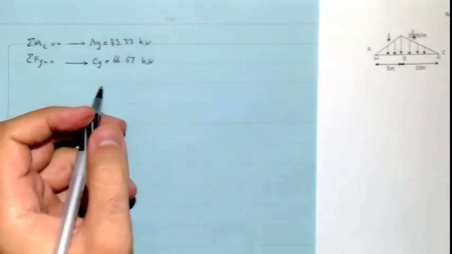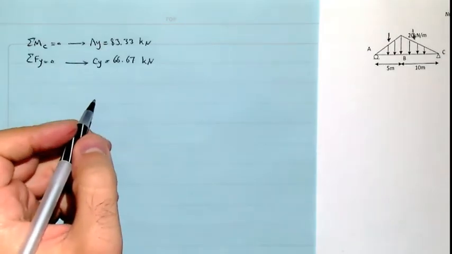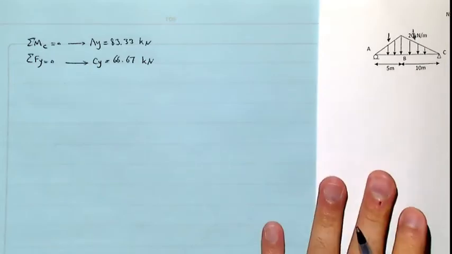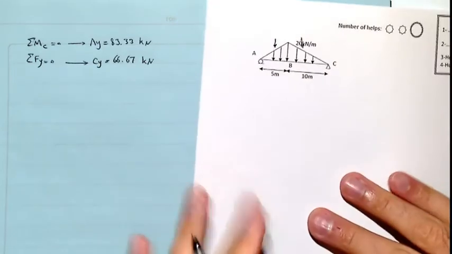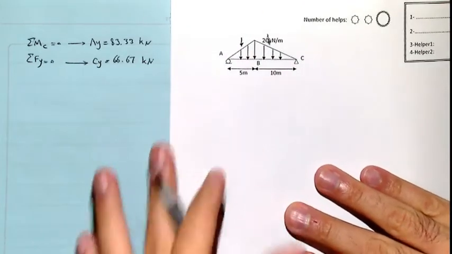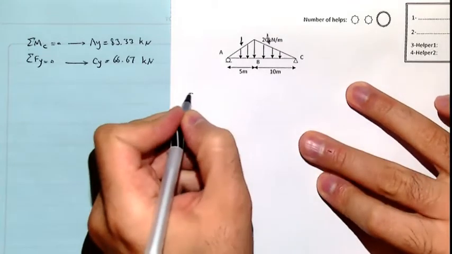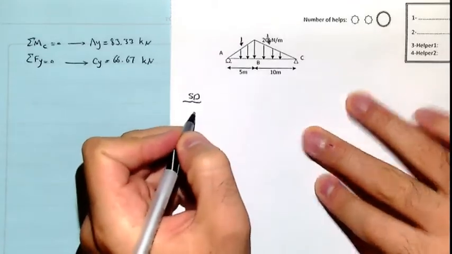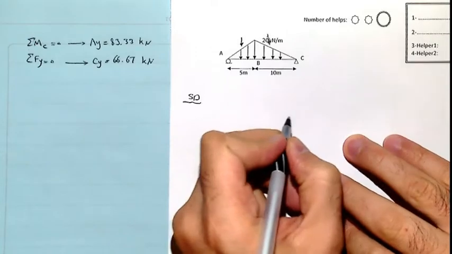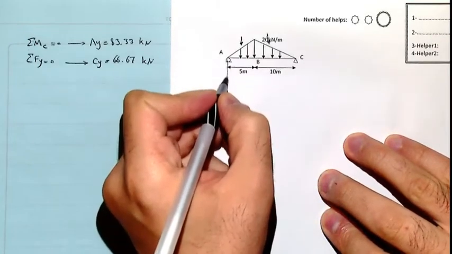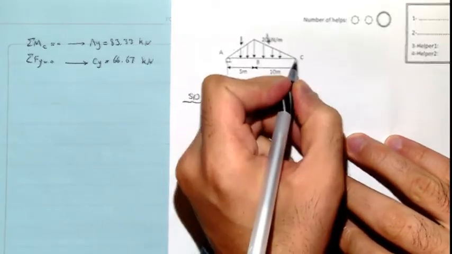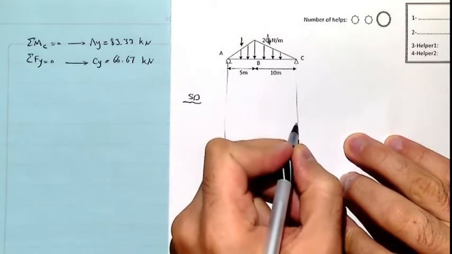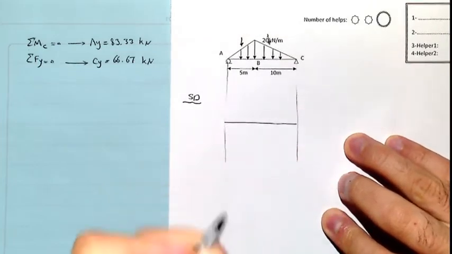It's very simple to do the procedure of drawing the shear diagram first. For the shear diagram, what we have to do is, at the same level as the locations of A and C, draw a line, which is our beam.